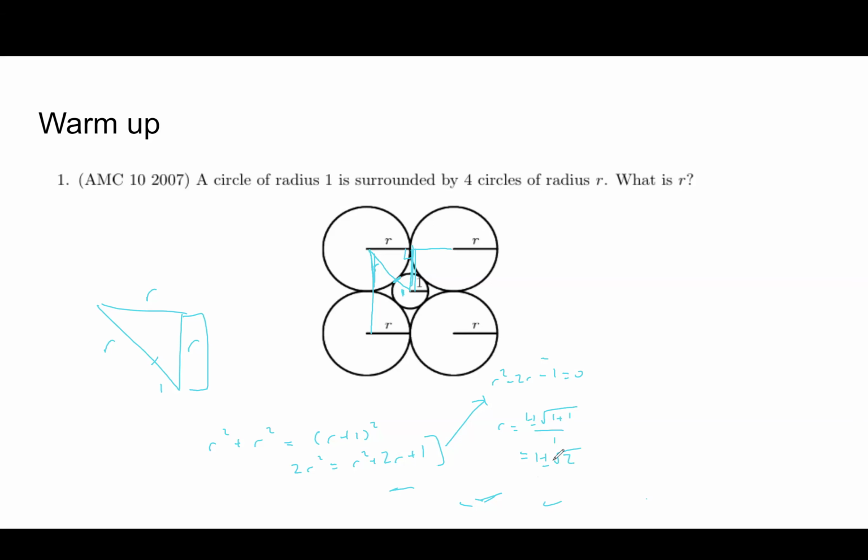Now, let's take a look here. 1 minus root 2 and 1 plus root 2 are my solutions, but can 1 minus root 2 really be the case here? Because what is root 2 equal to? Root 2 is something like 1.414, right? So it's larger than 1. So this will give me a negative number, right? Therefore, we have to reject the solution. So thus my solution is 1 plus root 2. Okay? So that's a very easy warm-up question. Does anyone have any questions?